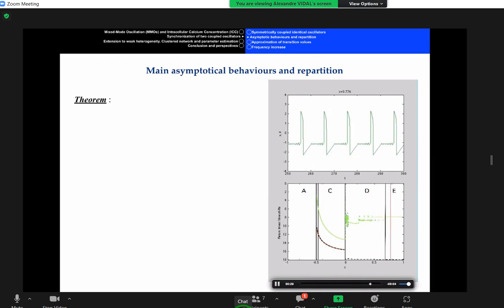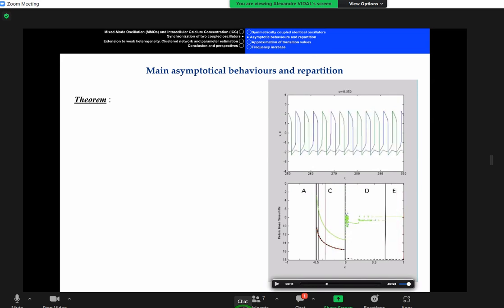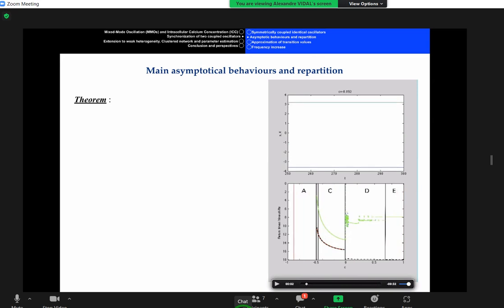And afterwards, we have some kind of equilibrium, a stabilization of the oscillation that appears, where we have perfect in-phase synchronization between the two oscillators. Let me show you once again, but only with snapshots.